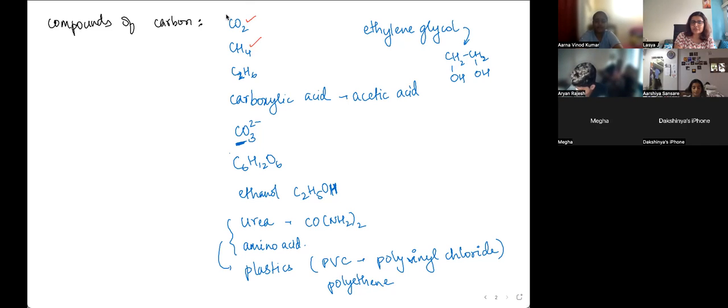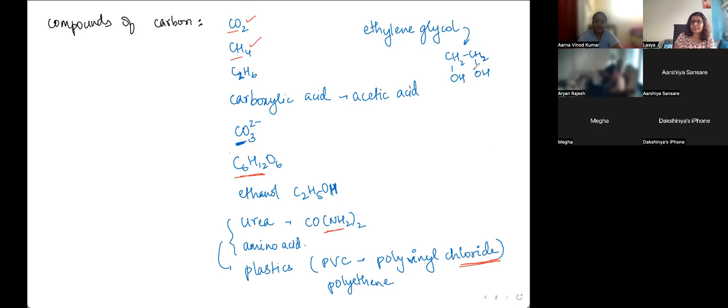You have compounds containing a single carbon, compounds containing 6 carbon atoms. Carbon forms bonds with nitrogen and chlorine also. With multiple carbon atoms, ranging from amino acids to plastics, these are carbon compounds that contain hundreds of carbon atoms.